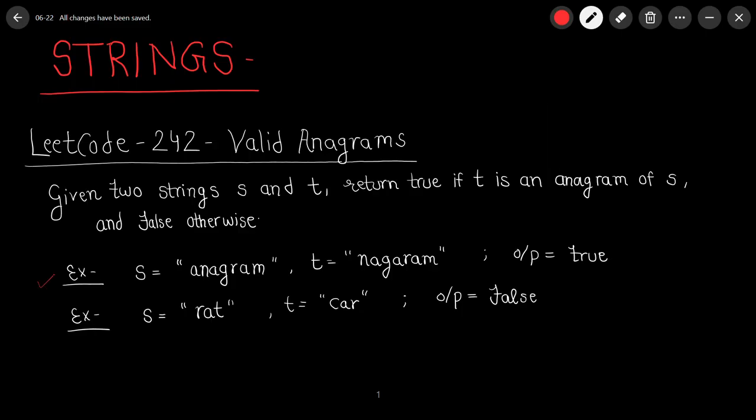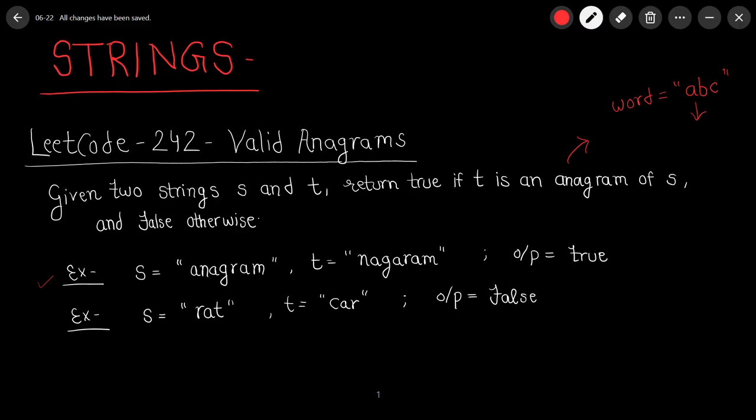So first let's talk about what an anagram is. An anagram is basically a word formed by rearranging the letters of any word. Suppose the word is ABC.